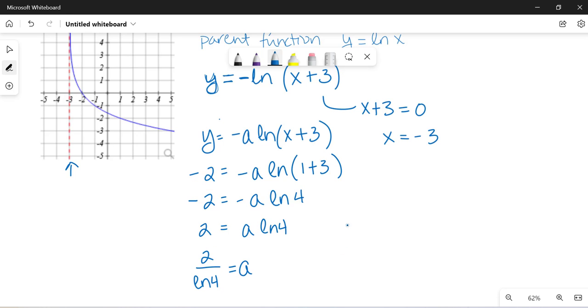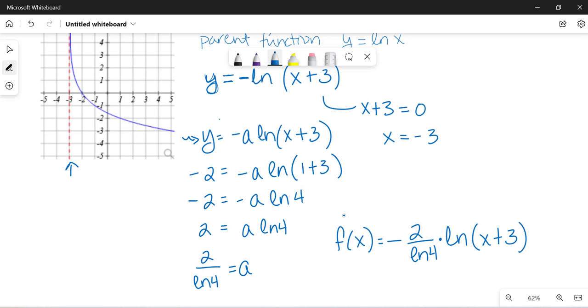So our final answer, our f of x formula, is, going back up here, negative 2 over natural log of 4, and then times, you could do a little times here if you wanted to, but it's not necessary. Maybe I'll just go ahead and put a little times. Natural log of x plus 3.